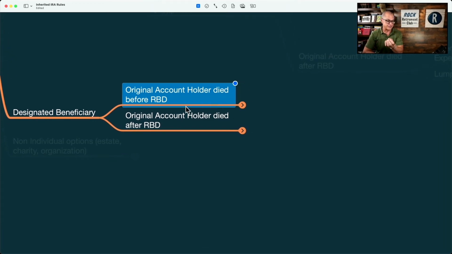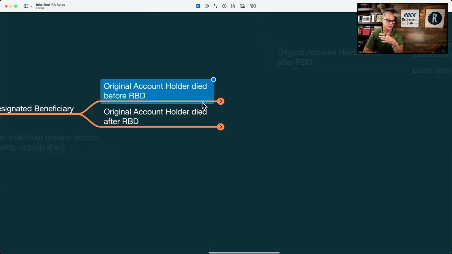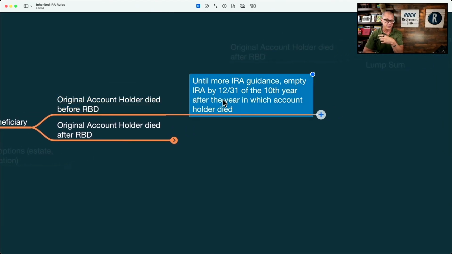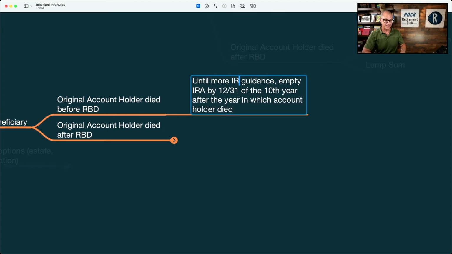Well, again, we have to decide, one, did the original account holder already start the required minimum distributions or not? Did they reach that age? If not, the account holder has until more IRS guidance.